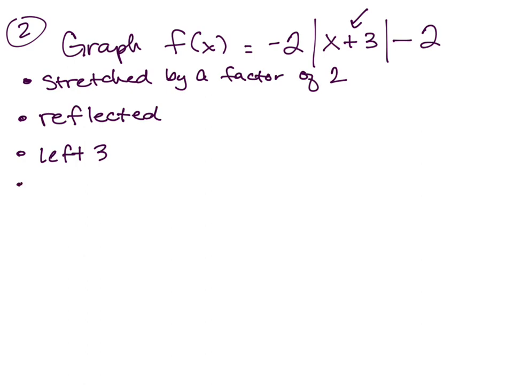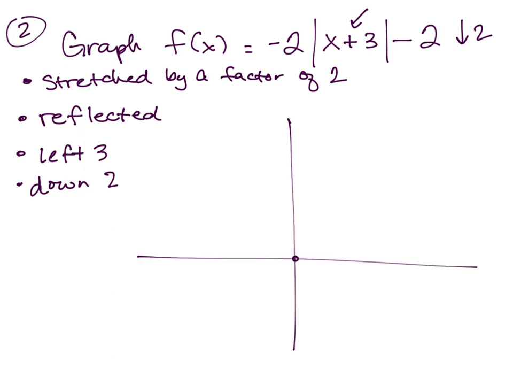And then down 2. Outsiders tell the truth. So this negative 2 means it goes down 2. Cool? So I would always start by graphing your toolkit function, which is going to be (0, 0), (1, 1), (negative 1, 1), (2, 2), (negative 2, 2). Get that guy on the graph.